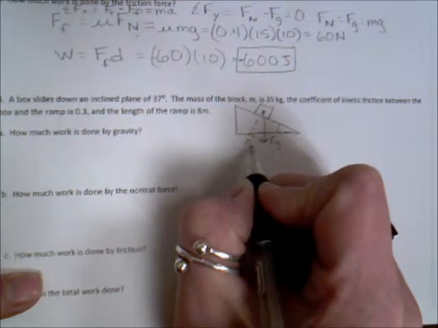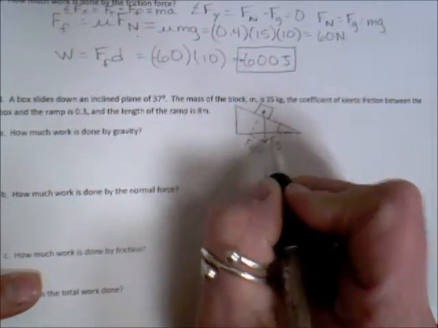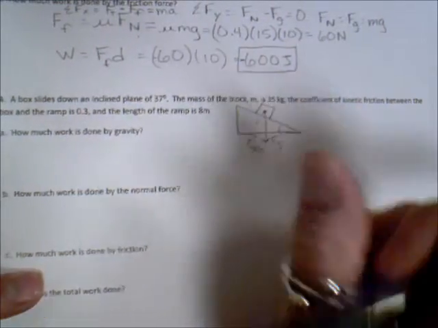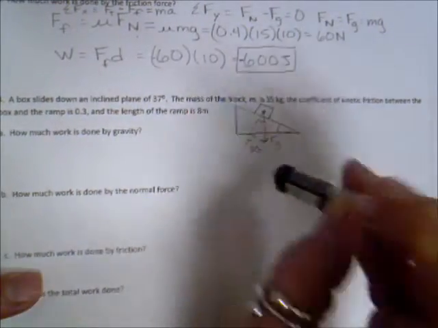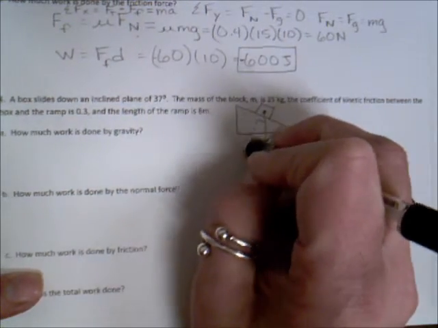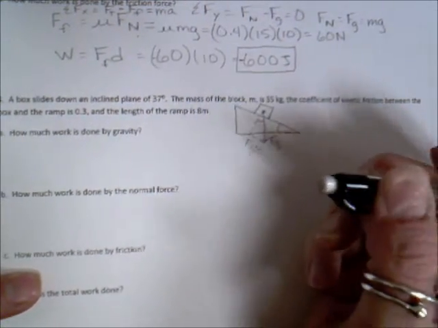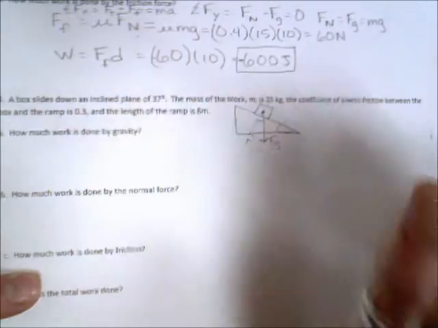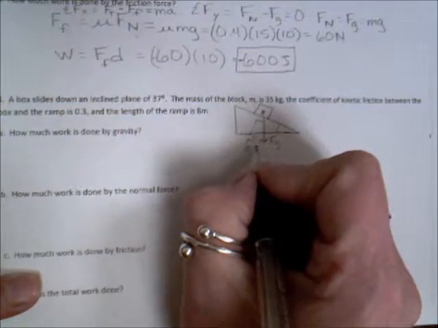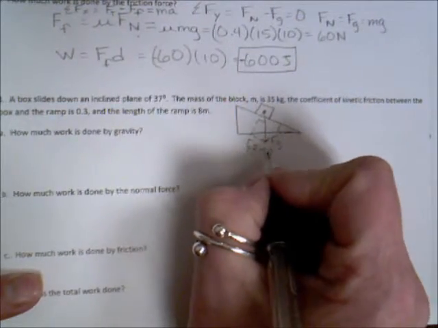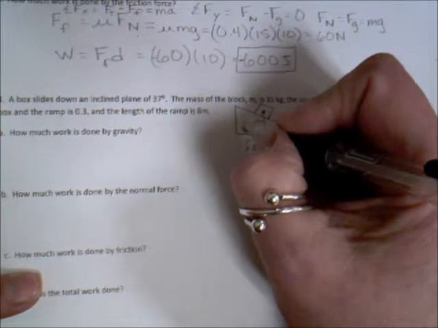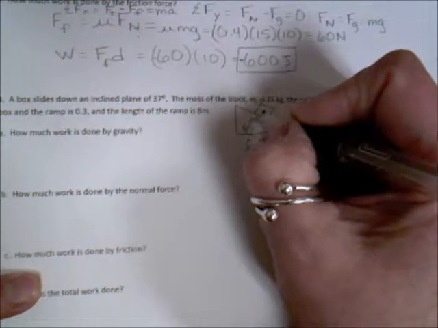So we have FG. Oh, sorry, that should be sine because it's opposite the angle. FG sine theta. Over here is FG cosine theta.